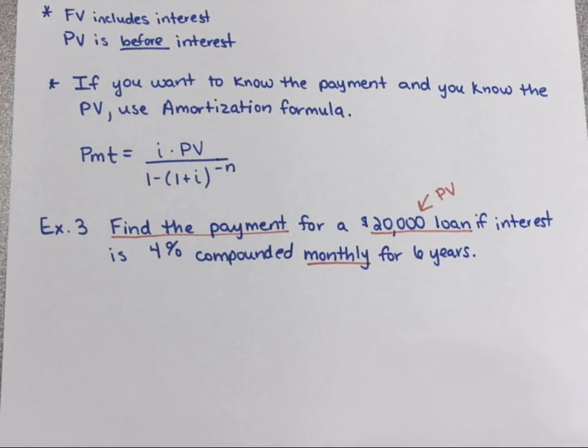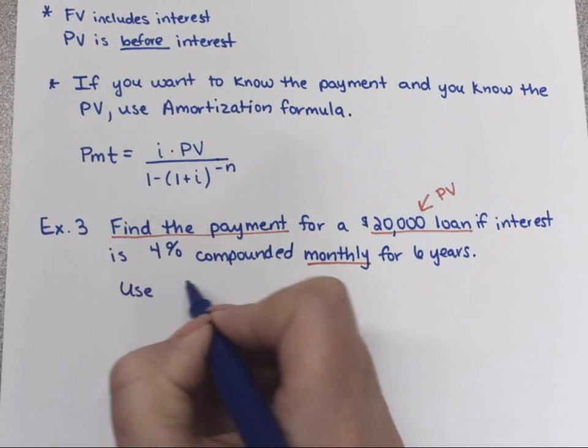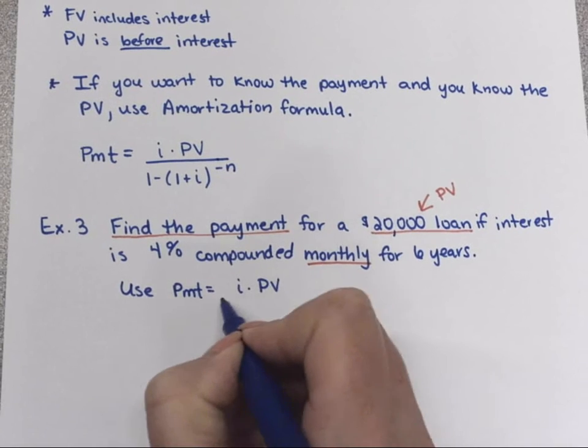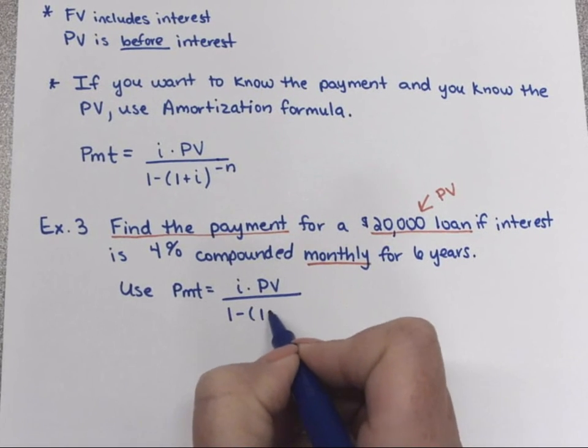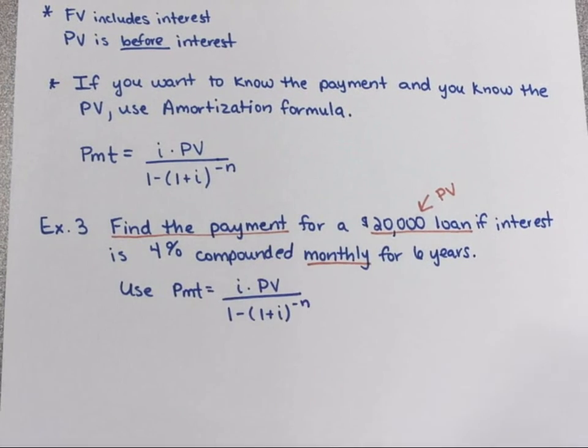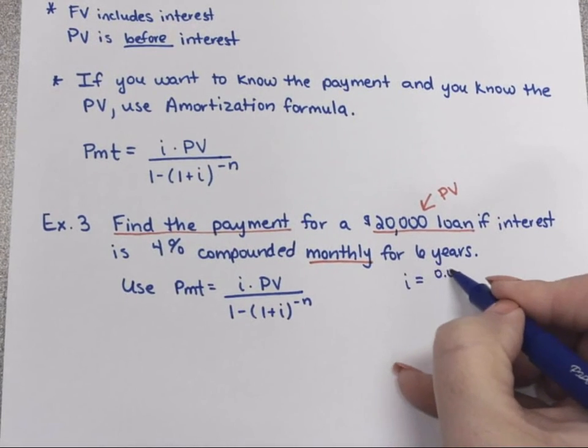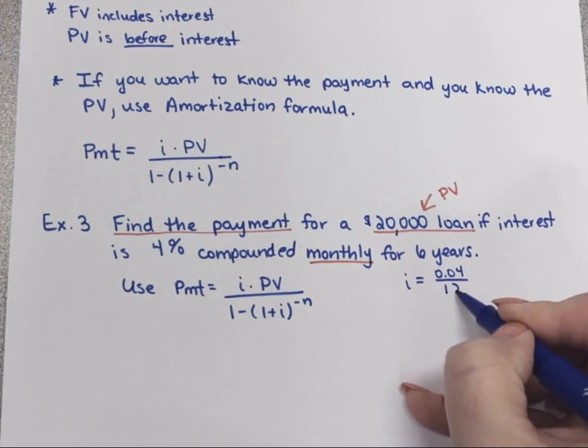So we're going to use the previous formula, right? Payment equals I times present value over 1 minus 1 plus I to the negative n power. And off to the side, let's figure out what I is. I is going to be 0.04 over 12.